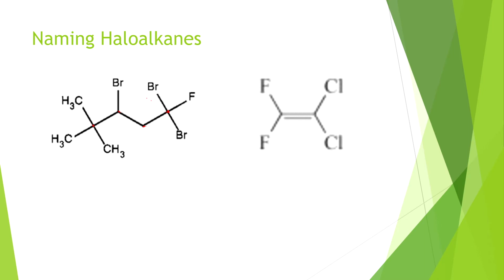So let's just take a look. There's three bromines, one fluorine, and two methyl groups. From alphabetical ordering, we know that the bromine groups should go first, then the fluoro groups, and then the methyl groups.